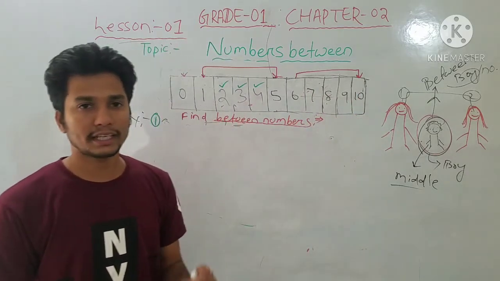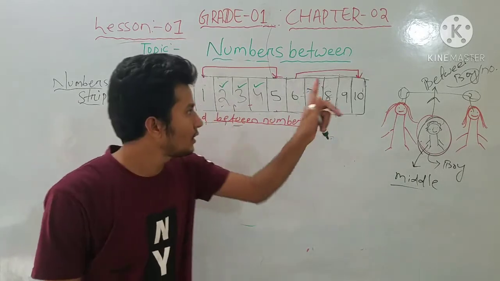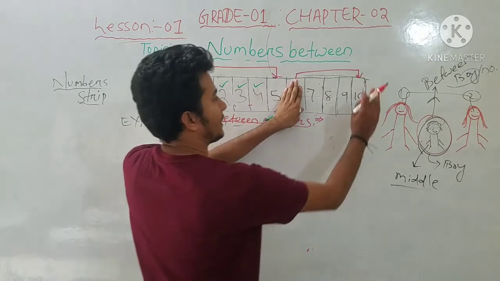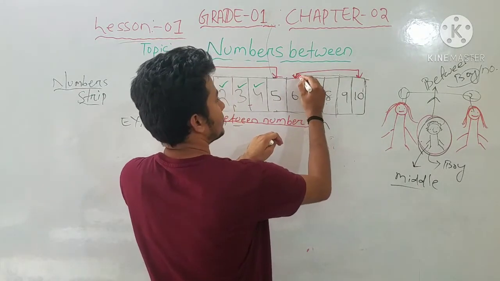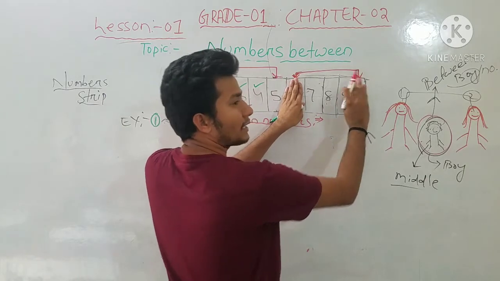Okay, once again I am telling, find the numbers between 6 and 10. See students, the question is asking 6 and 10. In between 6 and 10 you have to find the numbers.